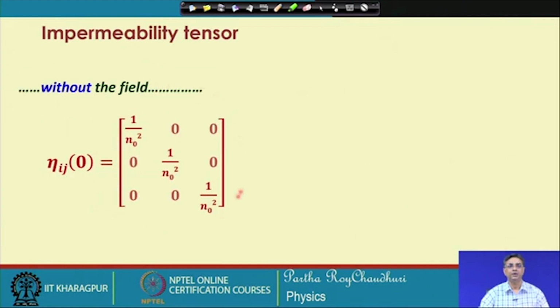So, without field, I have the form of the impermeability tensor, which has all the same diagonal elements, because it is an isotropic material.